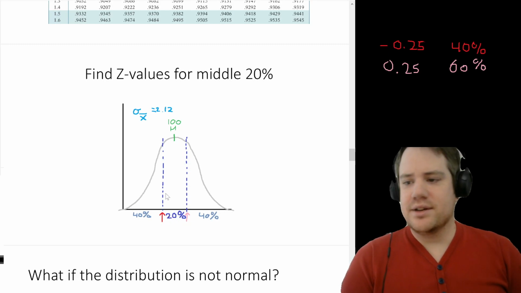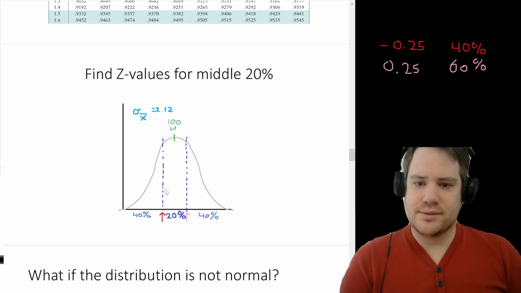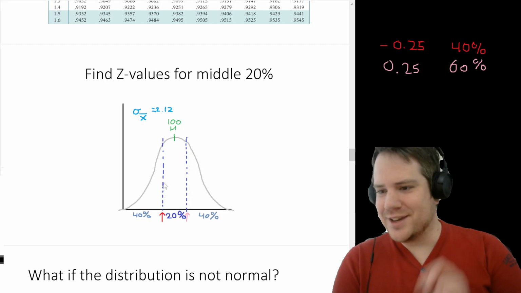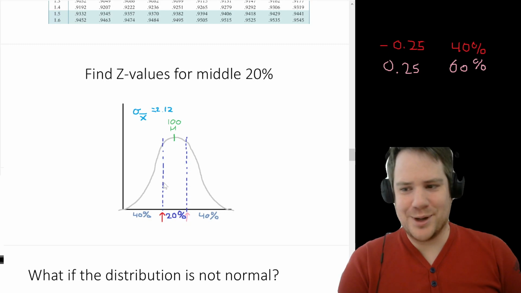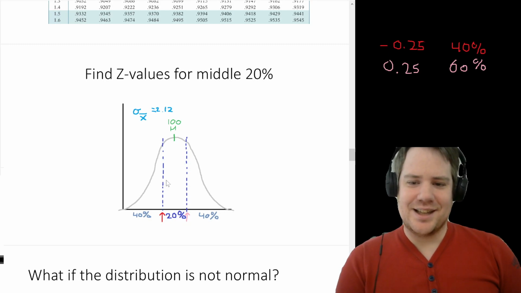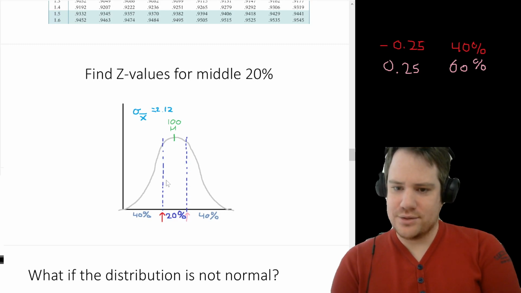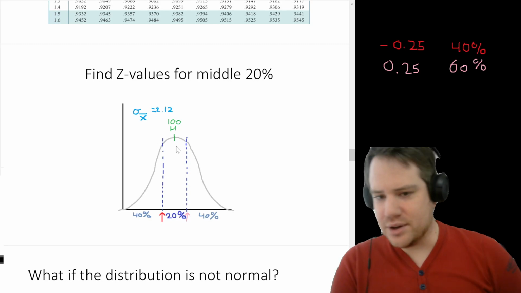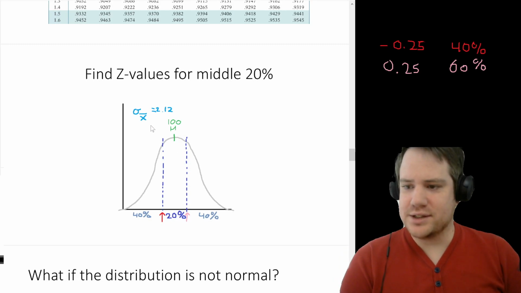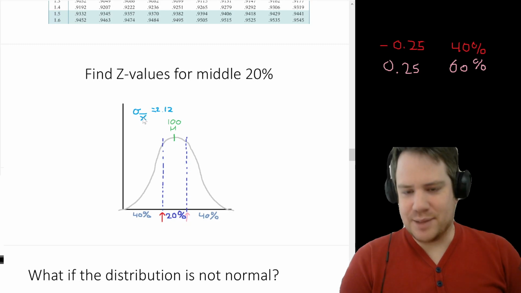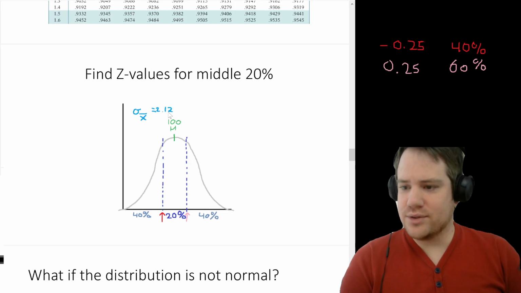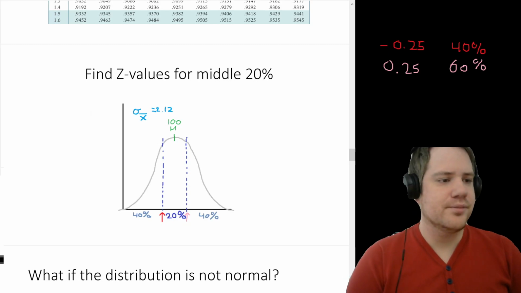So now the only question left here, and this is also immediately a good test of whether you remember how to unstandardize, how to transform a z value back to an actual score, given that we know the population mean of 100 and the standard deviation of sample means, which is 2.12, which we saw prior.